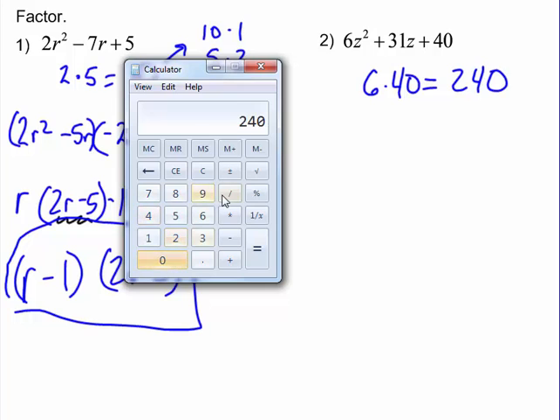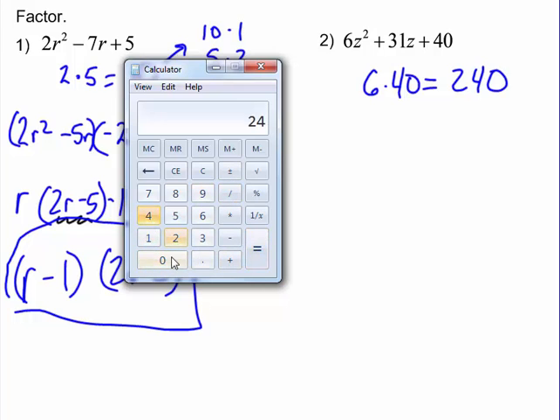240, and this is a tedious process, but I just want to show you how you find those numbers. 240 divided by 10, that should be 24. That one's not going to work. 240 and 11 don't work. 240 and 12 is 20. Oh, so close. 240 divided by 11, let me check it, just make sure.